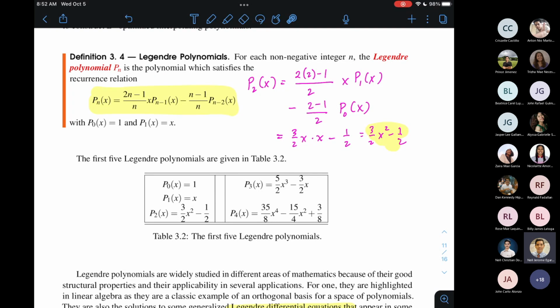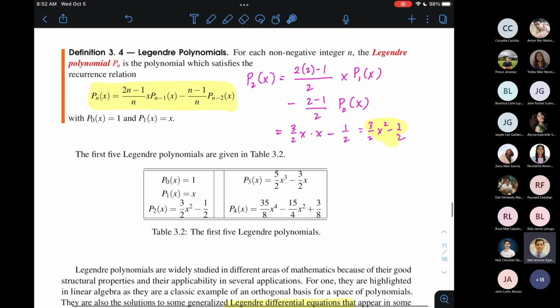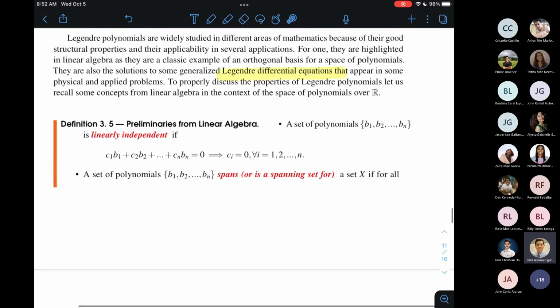Actually, the Legendre polynomials form an orthogonal or orthonormal, I think at least an orthogonal, family of polynomials. And we will see ano nga ba yung ibig sabihin ng orthogonal family of polynomials. Yeah, makikita natin yung term ng orthogonal polynomials.